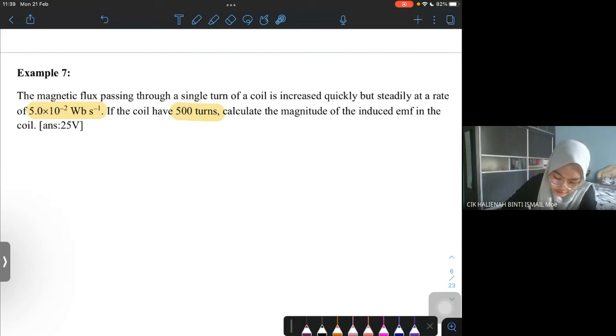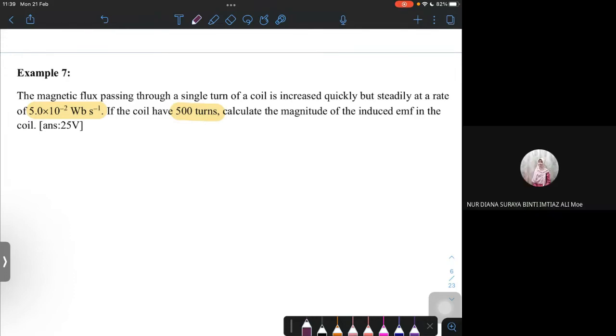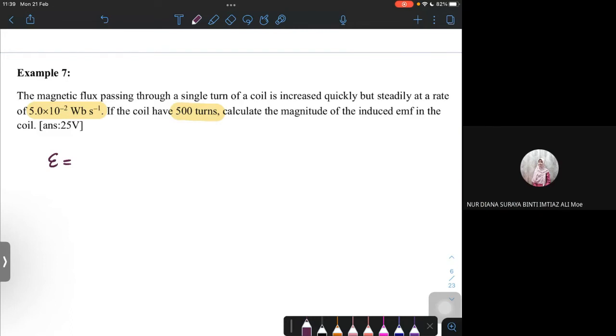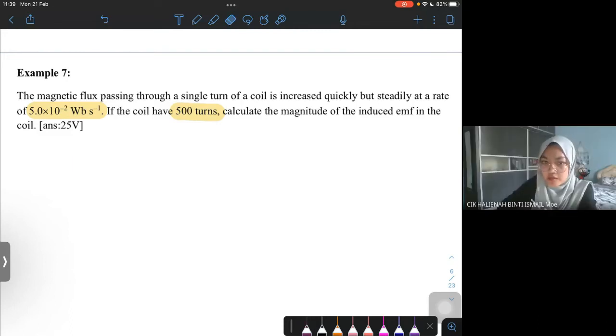Okay, so the first value represent what, they quantify what unit actually. Okay, notice here we have Weber per second. So kalau Weber per second, is it induced EMF?